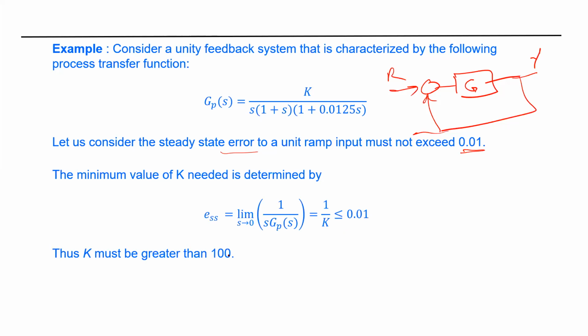If you solve it, you will get K must be greater than 100 to get this error. Now suppose you would like to test the stability of the system. Can we do it by Routh-Hurwitz?